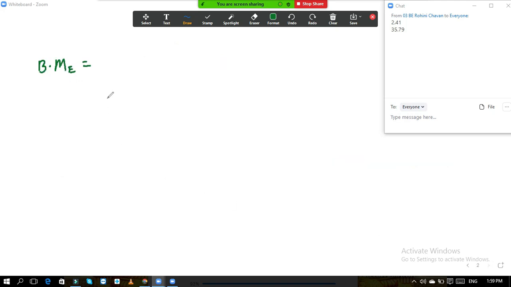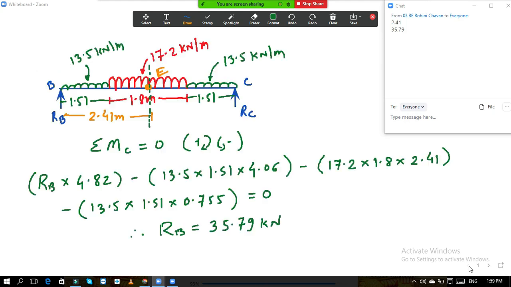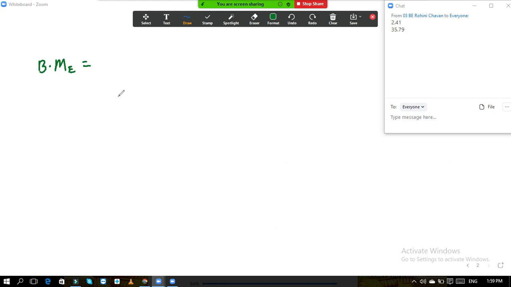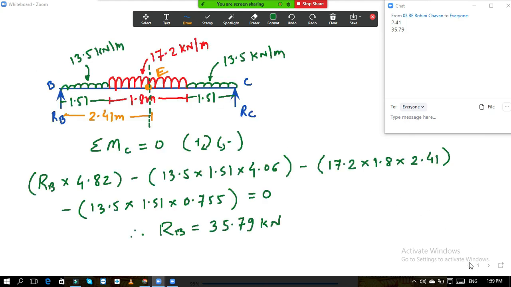So I will write, what is the value of RB? It is 35.79. So 35.79 into 2.41. It is plus as RB is moving upward.